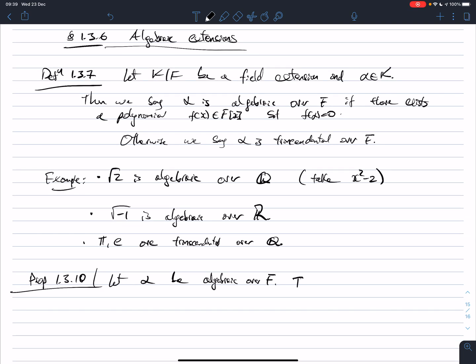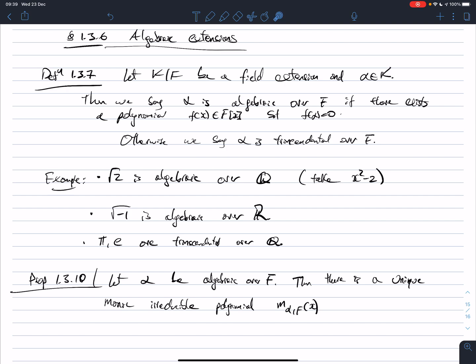So then there is a unique monic irreducible polynomial, which I'm going to denote m_alpha,F of x.